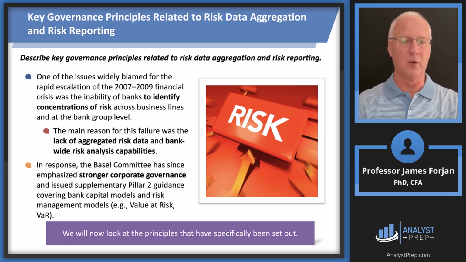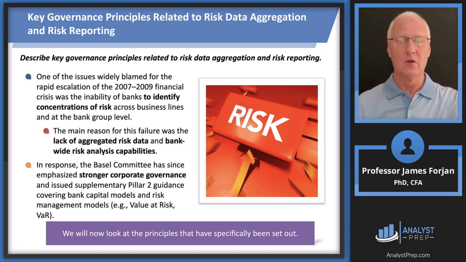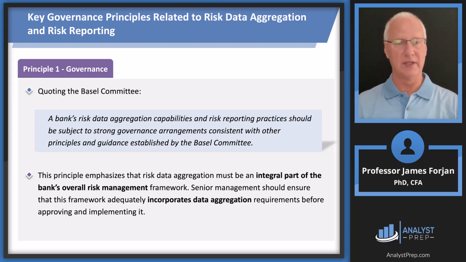So look at that third point there. Stronger corporate governance principles, all part of the pillars that we know about, value at risk and expected shortfall. We've done a little bit of that in the past. We'll continue to do that in the future. All right, so governance, what does this mean? Key governance principles. Principle 1 is governance, which just means that we've got the board of directors and then the senior executive leadership team.